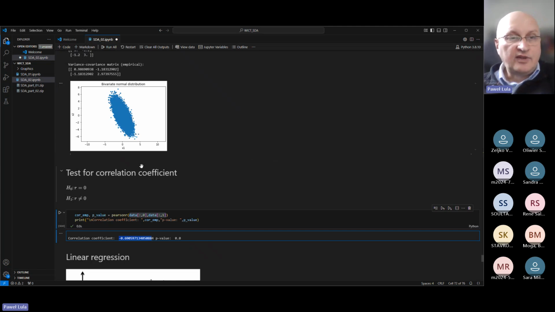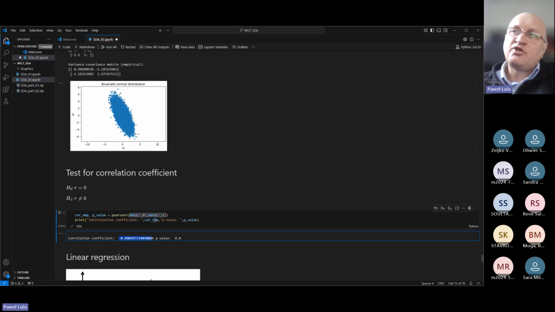Of course, we have a statistical test which we can use to check the significance of correlation coefficient. This test has zero and alternative hypothesis stated in this way, which we can see here. Zero hypothesis says that correlation coefficient is equal to 0, and here we have alternative hypothesis that it is not equal to 0.